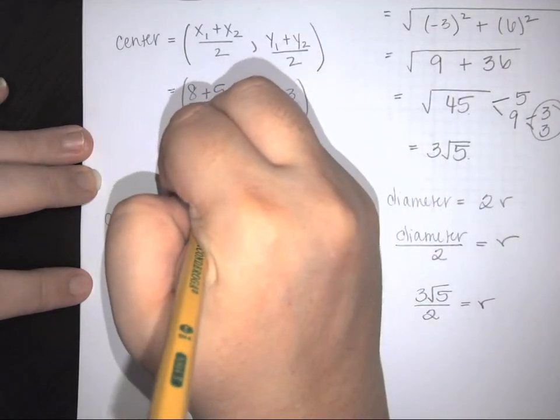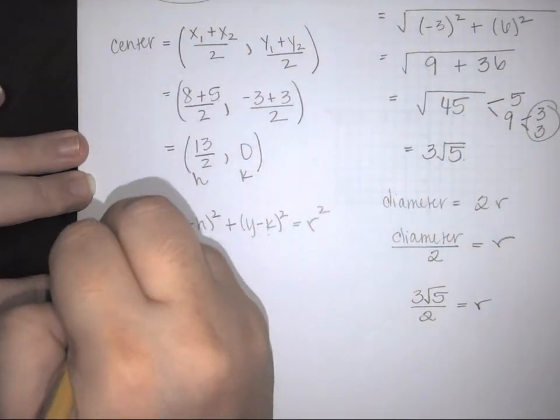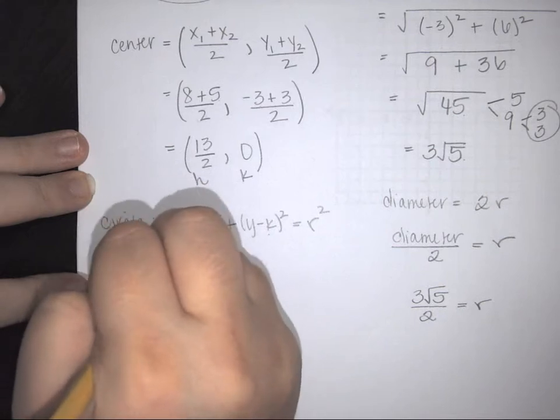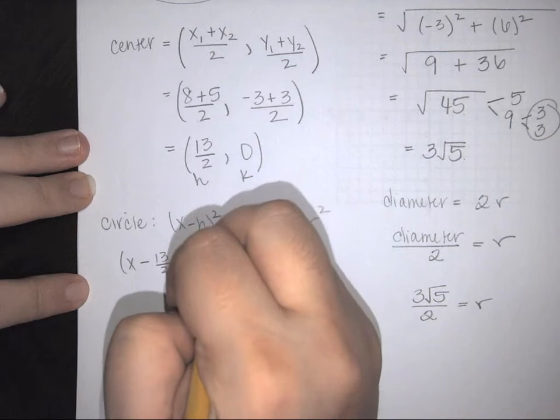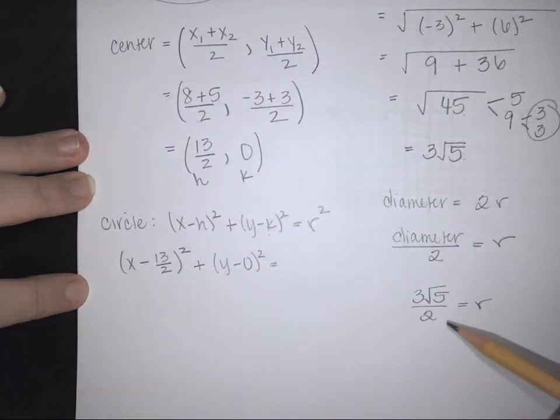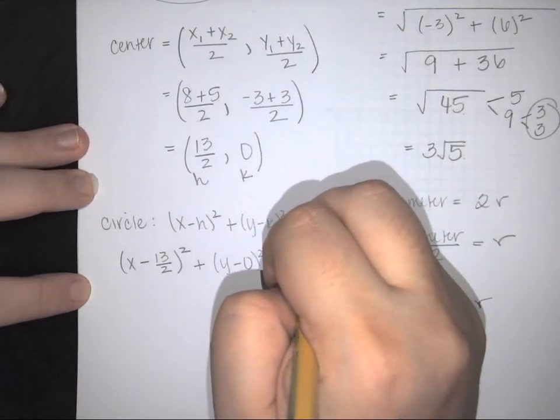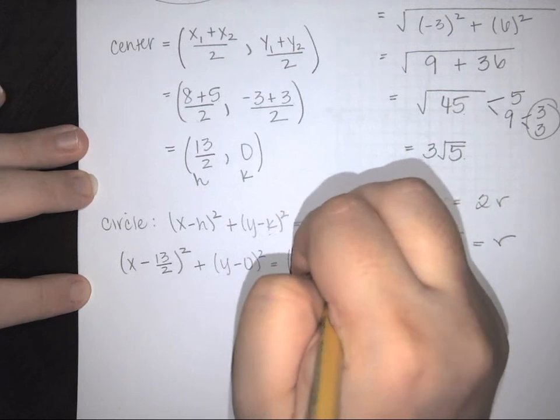H is your x value, k is your y value. So this becomes x minus 13 halves squared plus y minus 0 squared equals, and then my radius, so this is going to be 3 square roots of 5 all over 2 squared.